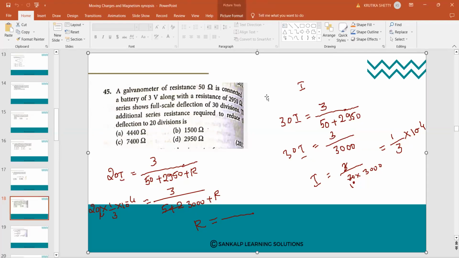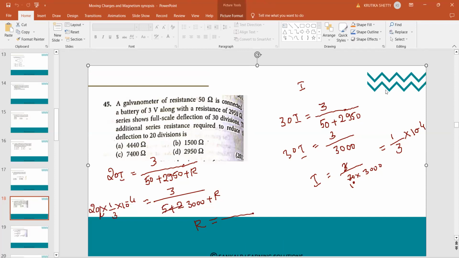It is 1500 or 4440. Yes students, so the solution is there in front of you. You just need to simplify. Cross multiply and simplify, it becomes easy, no problem. Four four five zero. Yes, other students, what answer are you getting?